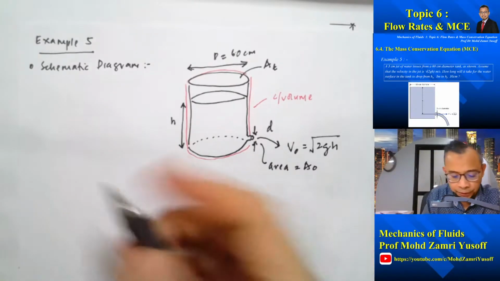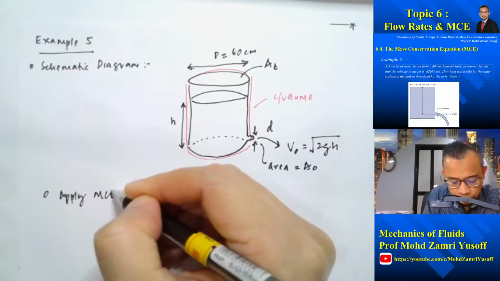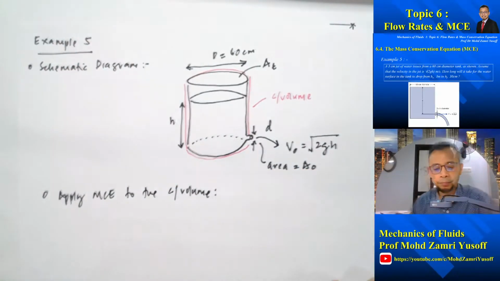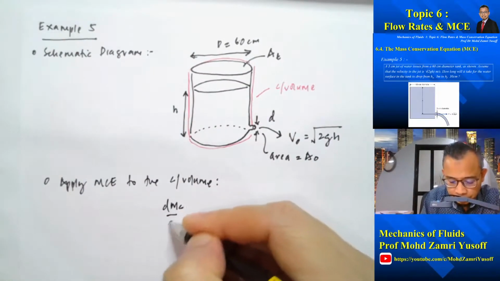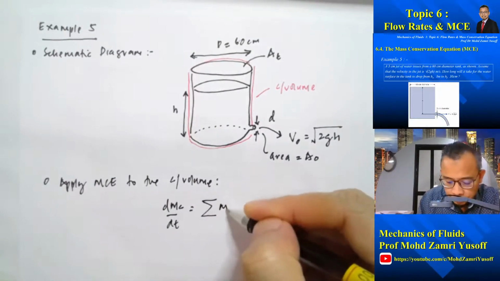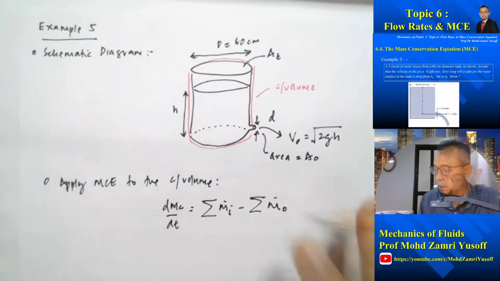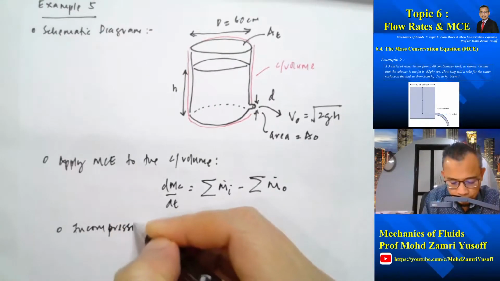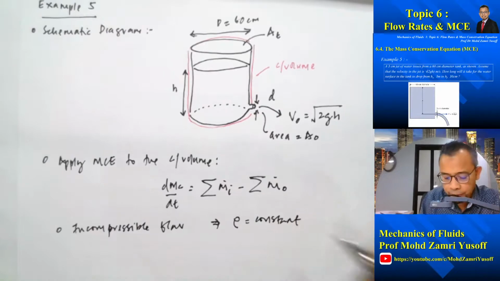First of all, we apply the mass conservation equation to the control volume. The general mass conservation equation is dmc by dt equal to mass flow rate in minus mass flow rate out. This case is incompressible flow, so that means the density is constant.